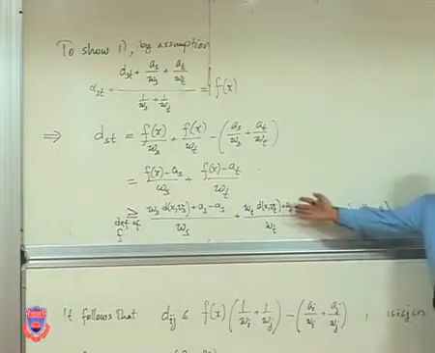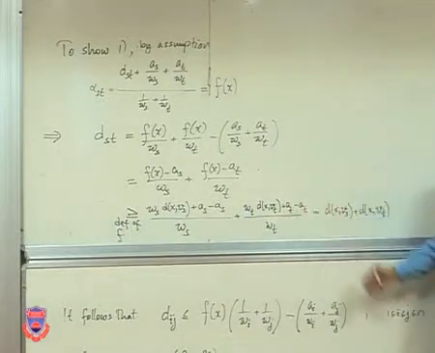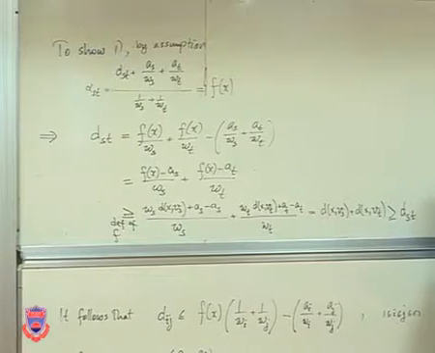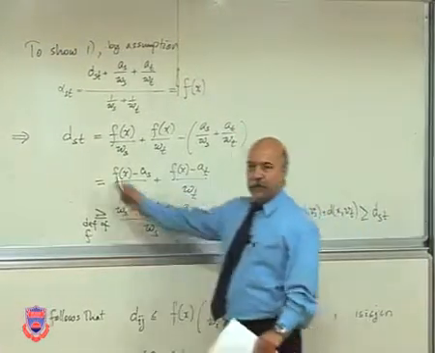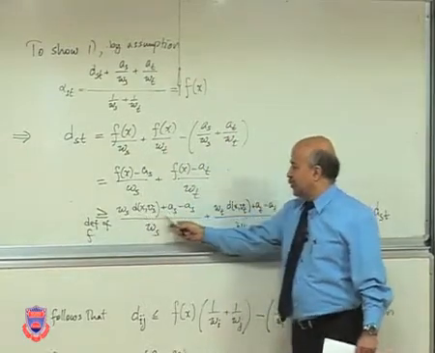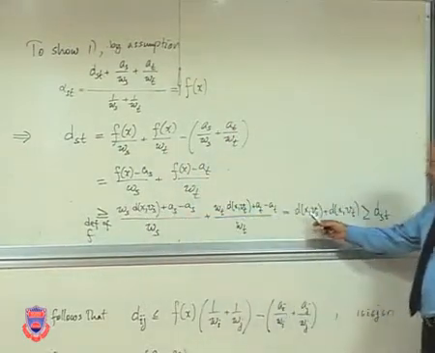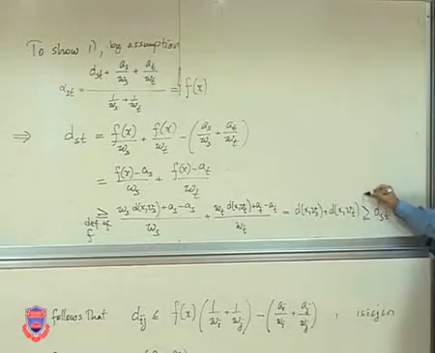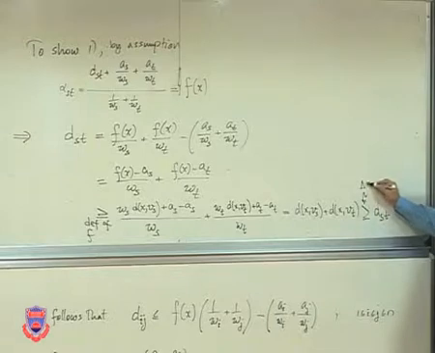This equality is simply a simplification of the expression we have, and this is greater or equal to dst. So what did I do? I began with dst. I showed that dst is greater or equal to this thing, which is greater or equal to dst due to triangle inequality.